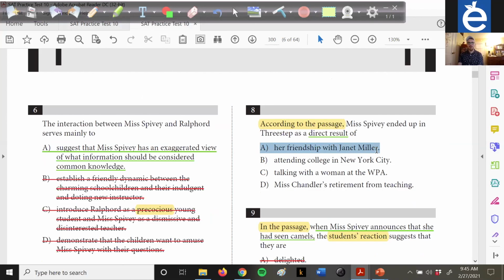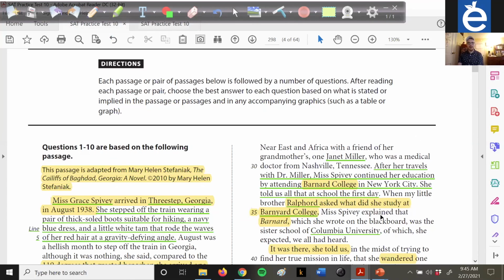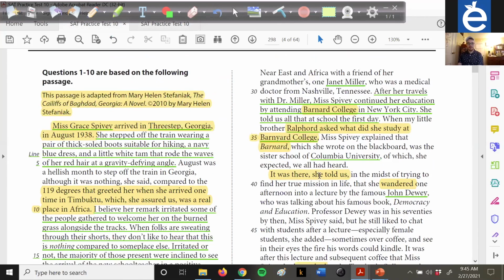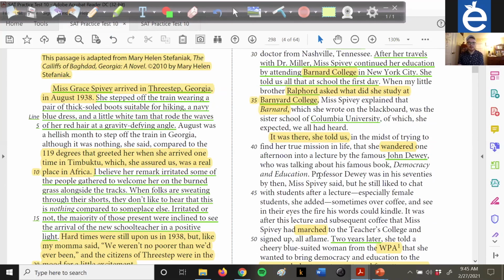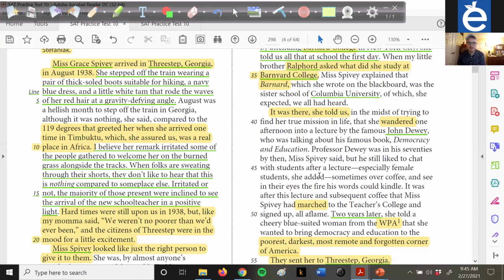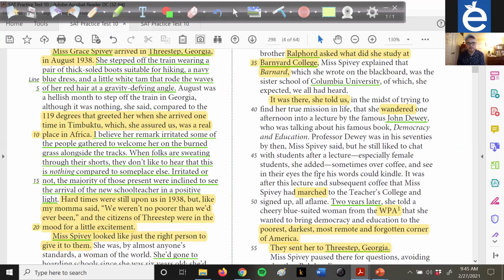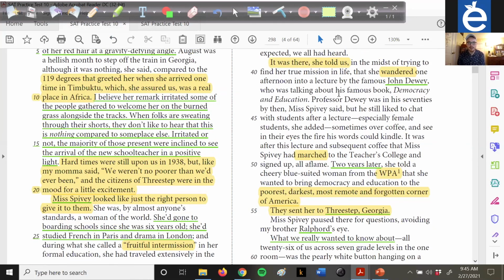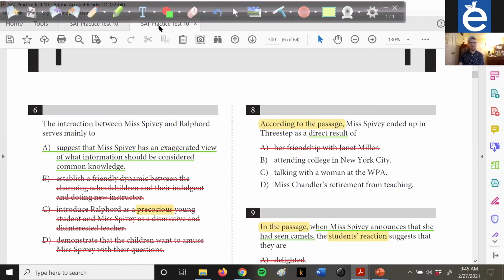B, attending college in New York City. Yeah, I guess. She goes to the teacher's college, and that's how she interacts with John Dewey, but that's not a real short line. I don't know about that one. C, talking with a woman at the WPA. Yes, that is the direct result, right?